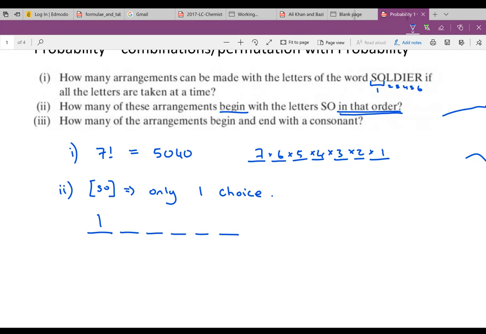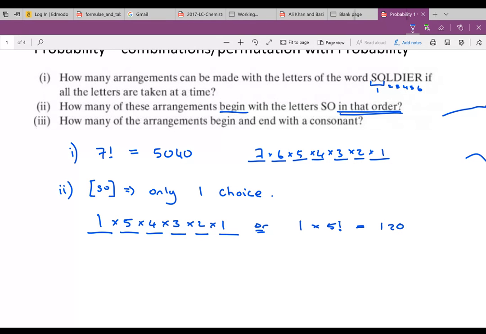There are 5 more options, then I have times 5, times 4, times 3, times 2, times 1. Or you could say it's 1 times 5 factorial. Either way, you'll have 120.